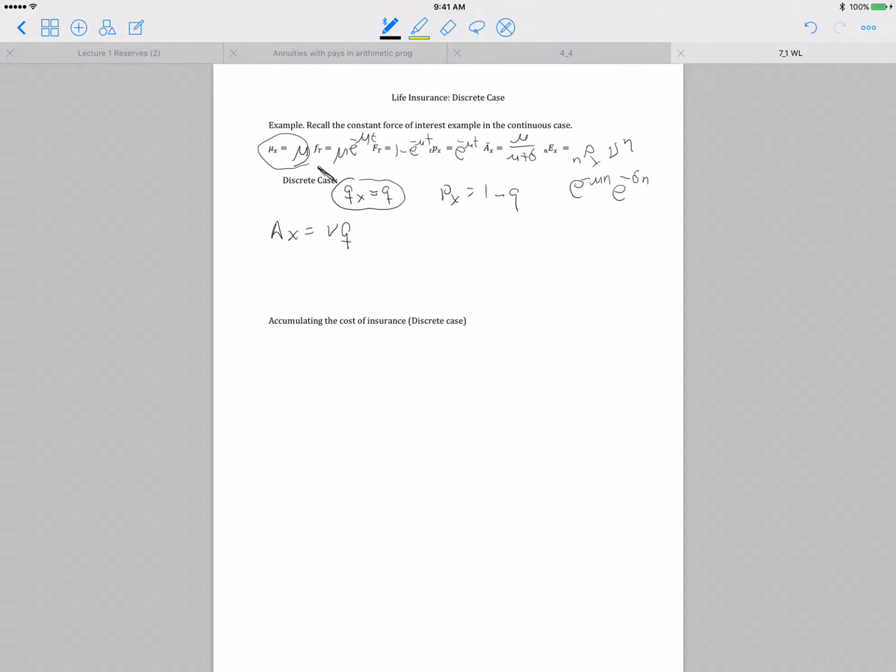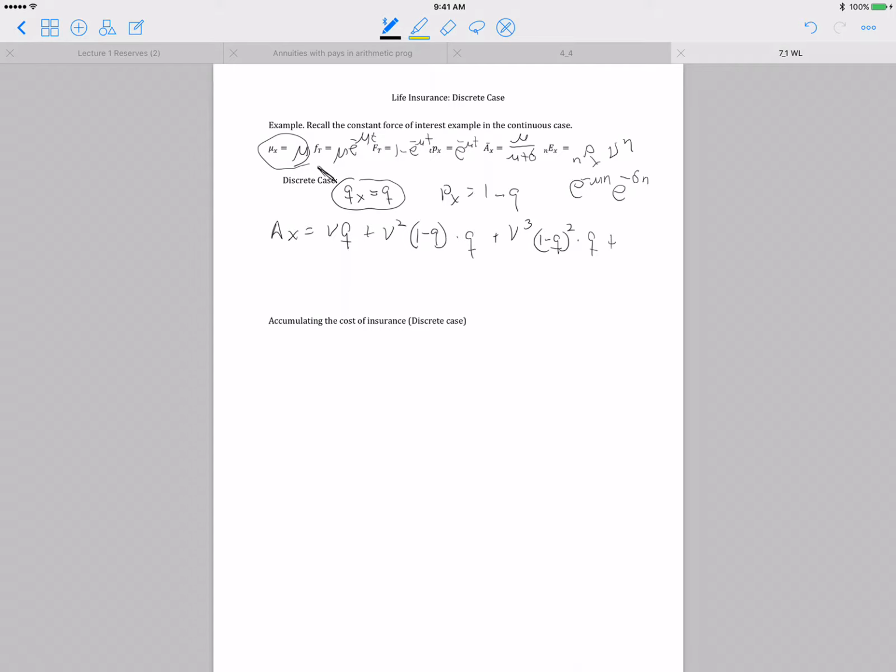vq plus v squared, and then I would normally have p_x q, but p_x is 1 minus q, times q. And then for my next year, I would normally have 2p_x, but 2p_x just means I survived 2 years. So that'd be 1 minus q squared. And then I died in the 3rd year.